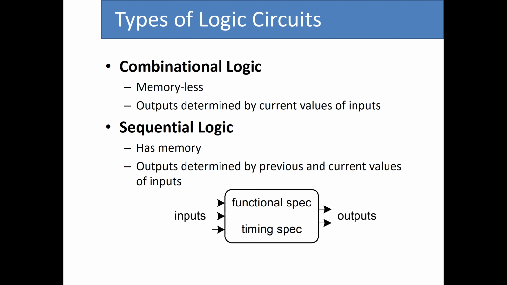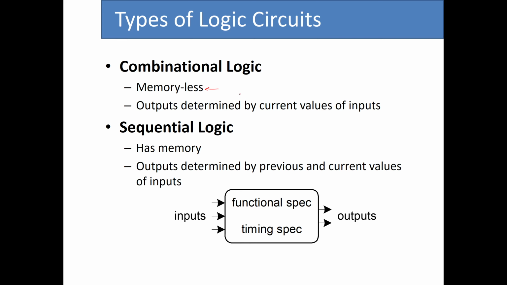Now that we saw this, let's see what the different types of logic circuit are. There are two major types: the first is the combinational logic circuit, and the second is the sequential logic circuit. Combinational logic circuits are memoryless, which basically means that the inputs you provide create the final output.